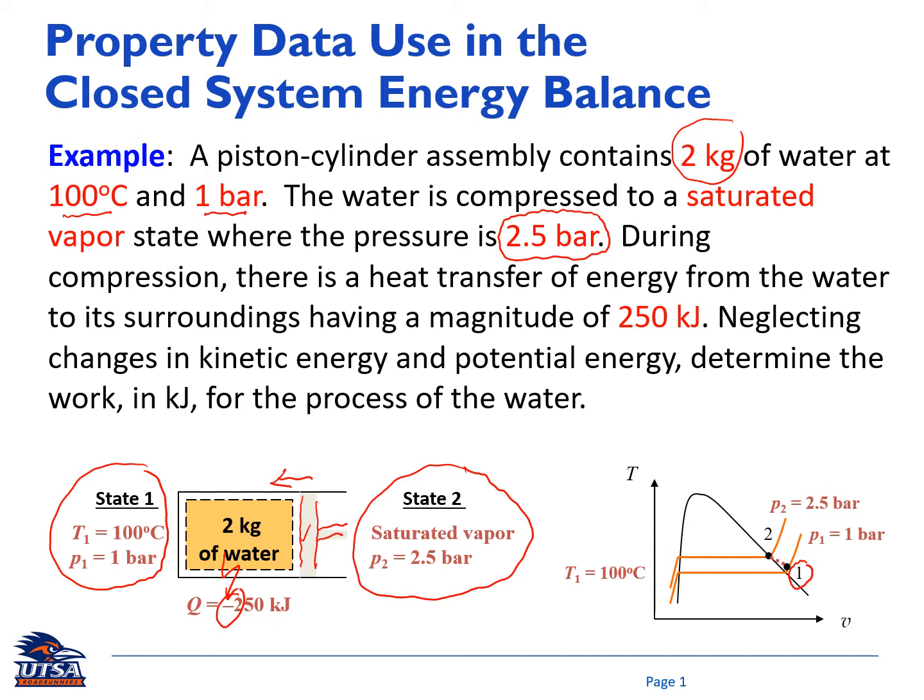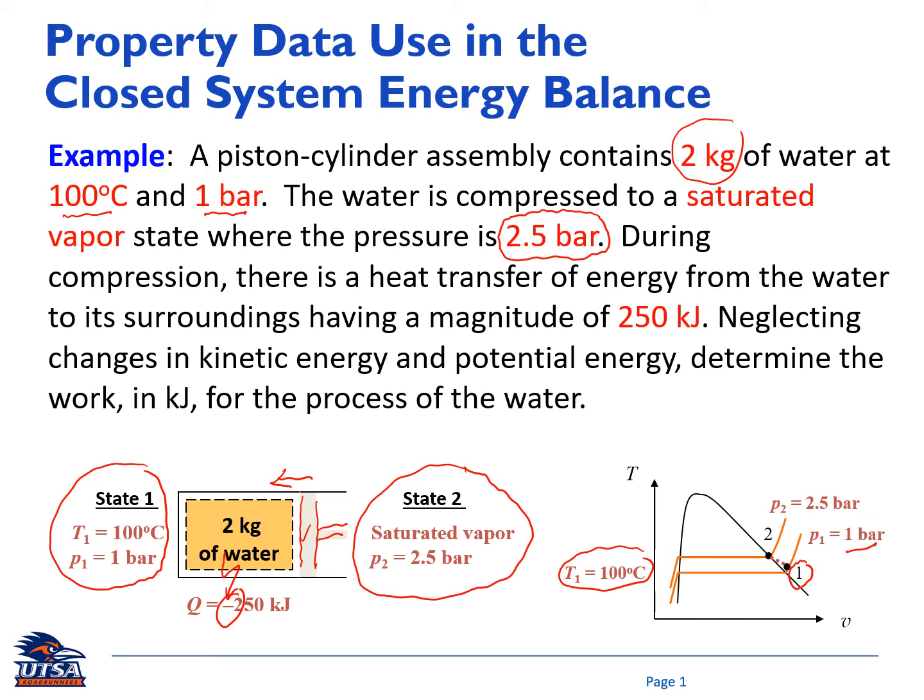You will find that the saturated temperature at 1 bar is slightly below 100 degrees C. So state number 1 is slightly on the right side of the dome, because the temperature difference between the saturated temperature and 100 degrees C is very small. So you can put point number 1 slightly on the right side of the dome, on the pressure line equal to 1 bar.